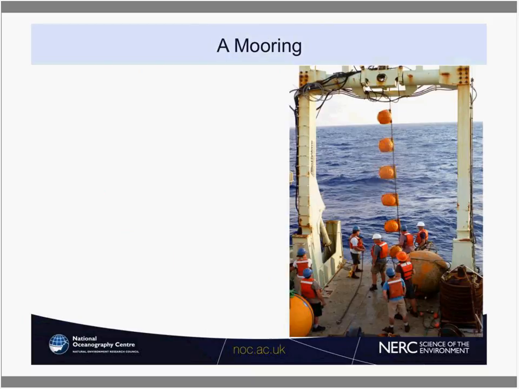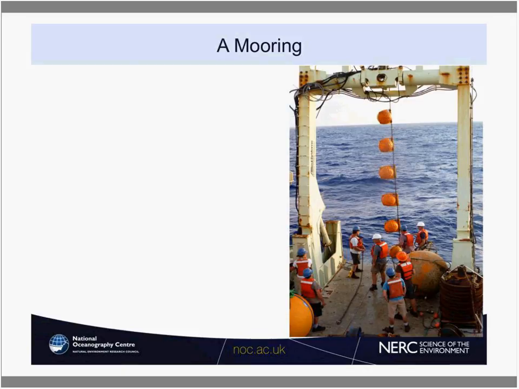For those of you who work with moored observations, this is what a mooring looks like. This is it being deployed over the aft deck of the US research vessel. Basically, large engineering constructions with floats we strap on to keep them vertical and instrumentation as we go down the water column to sample.